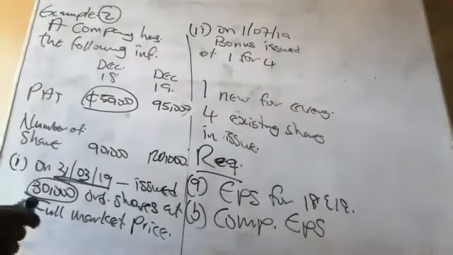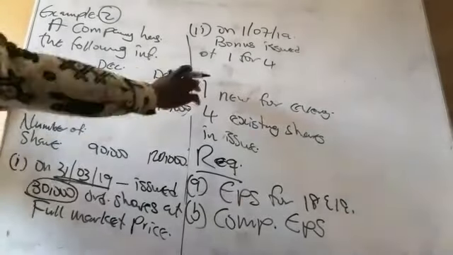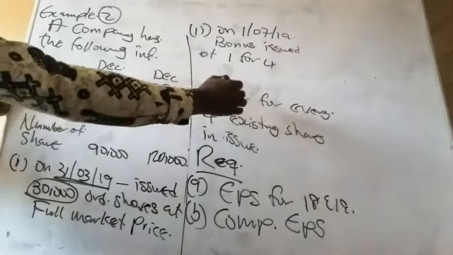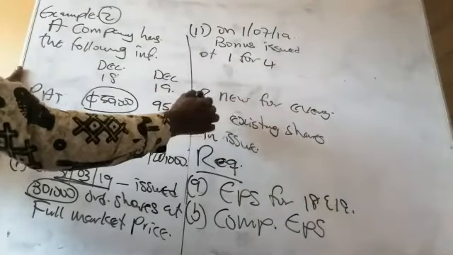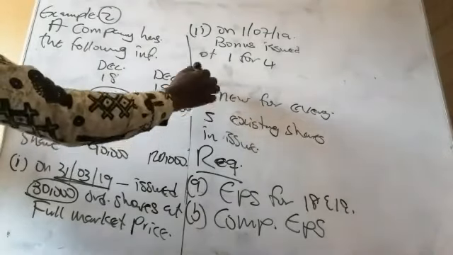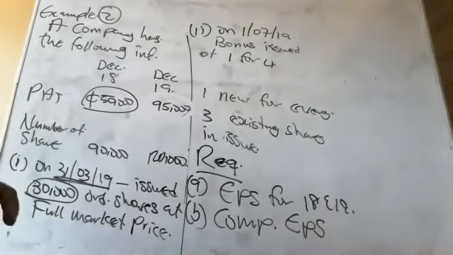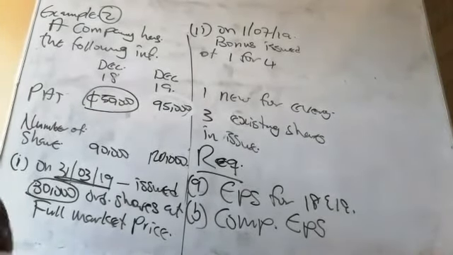So 1 new share for every 4 shares. You can also make it 2 new shares for every 5 shares, so that's 2 for 5, or 1 for 3. But we like 1 for 4.